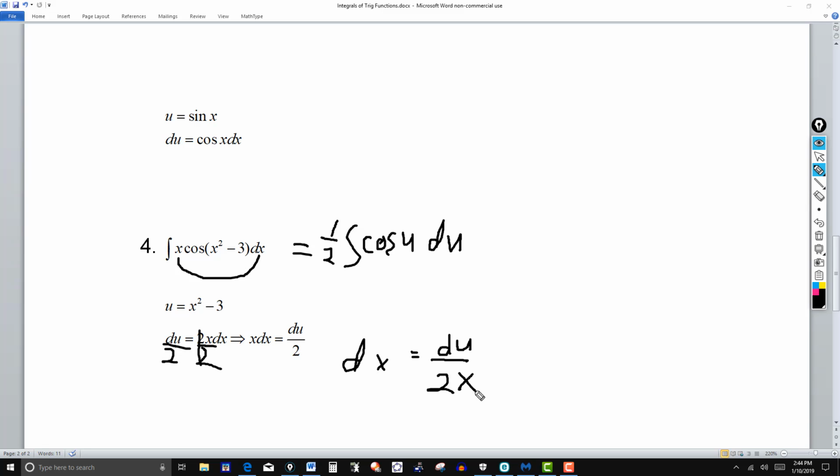Again, plug it in that way, the x's will cancel out, I still get the 1/2. So it doesn't really matter how you do this setup here, as long as you rewrite this expression, this integral and integrand, all in terms of u and not x.